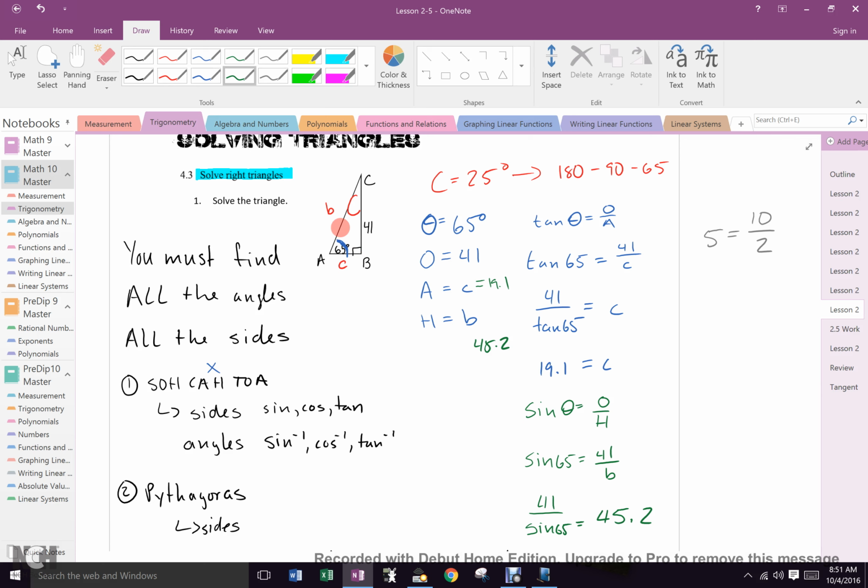Now, remember, I did promise you at the beginning of this unit that this unit actually has some real-life applications. We haven't done very many real-life applications, have we? Because we've been doing triangles on a sheet of paper. I mean, these aren't real, right? That's not 41 of anything, is it? But I also gave you the example of those dudes looking through the telescope, making tons of money.